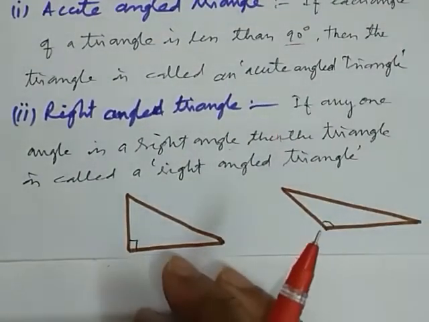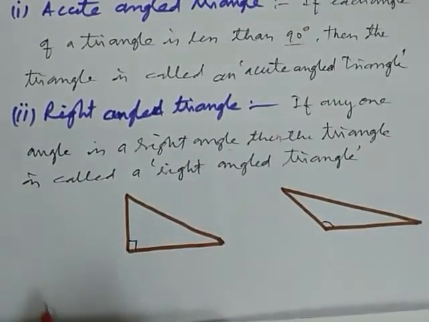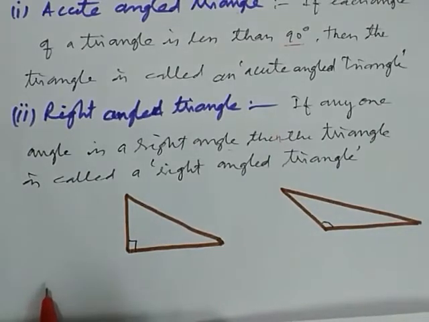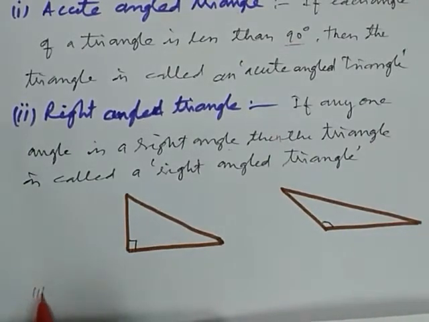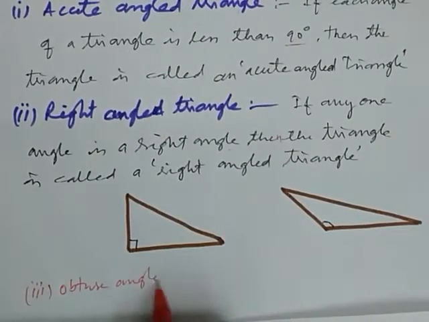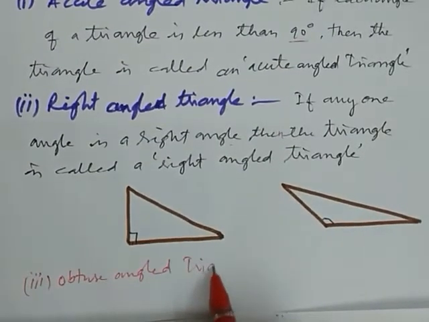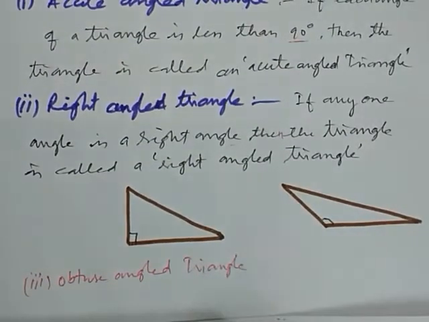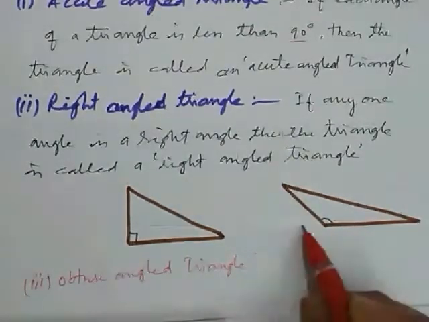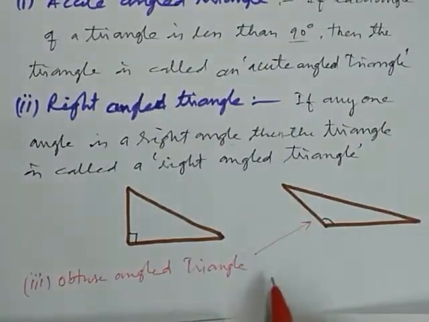Okay. Now, the third type of triangle is the obtuse angled triangle. This is an obtuse angled triangle.